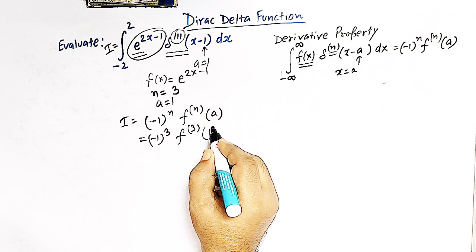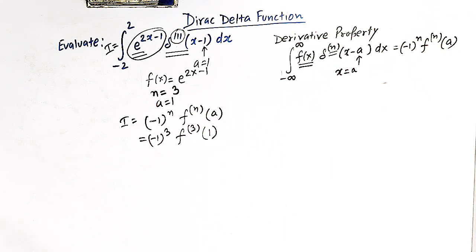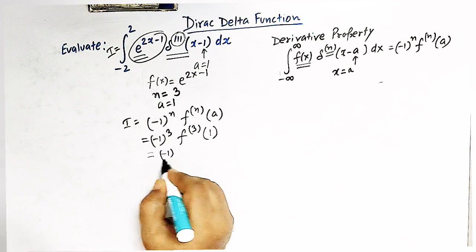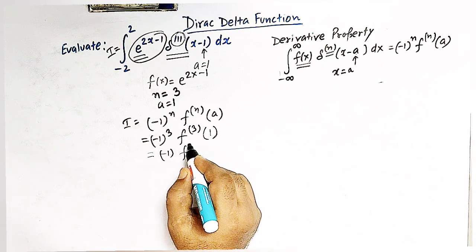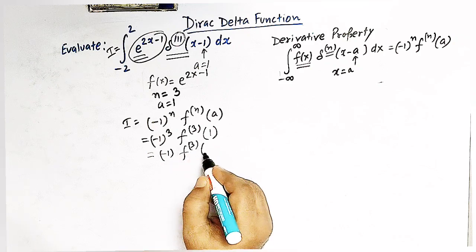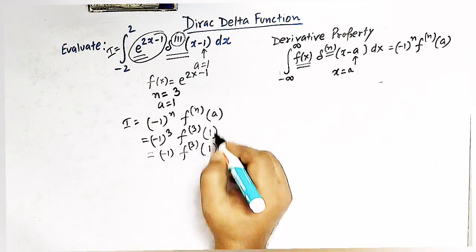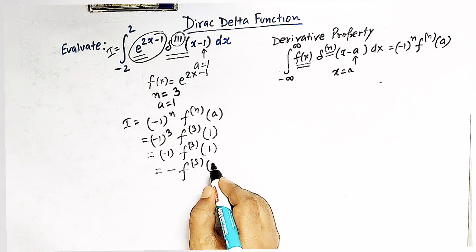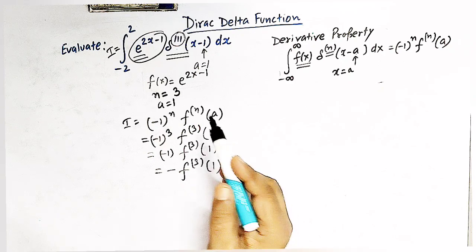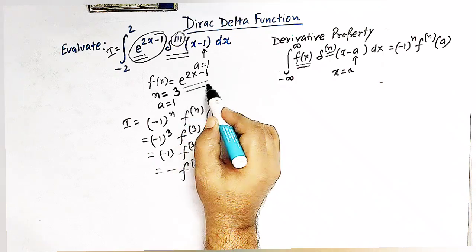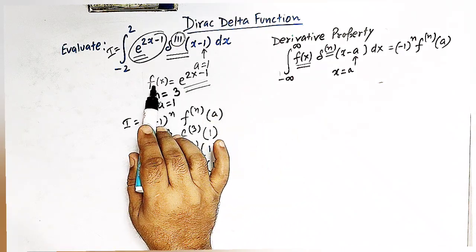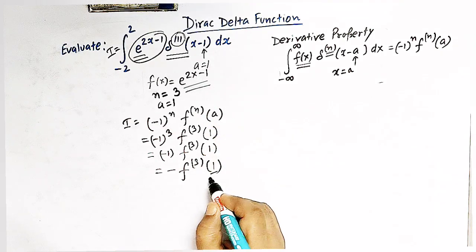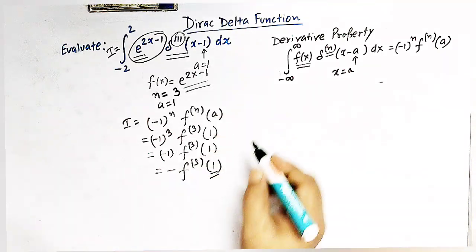So here we will write 1. So now minus 1 raised to 3 is minus 1, and here we have the third derivative of f at a is equal to 1. So this is minus f3 at a is equal to 1. So now our aim is to find out the third derivative of this function, and then we'll evaluate the third derivative at this point, that is a is equal to 1.